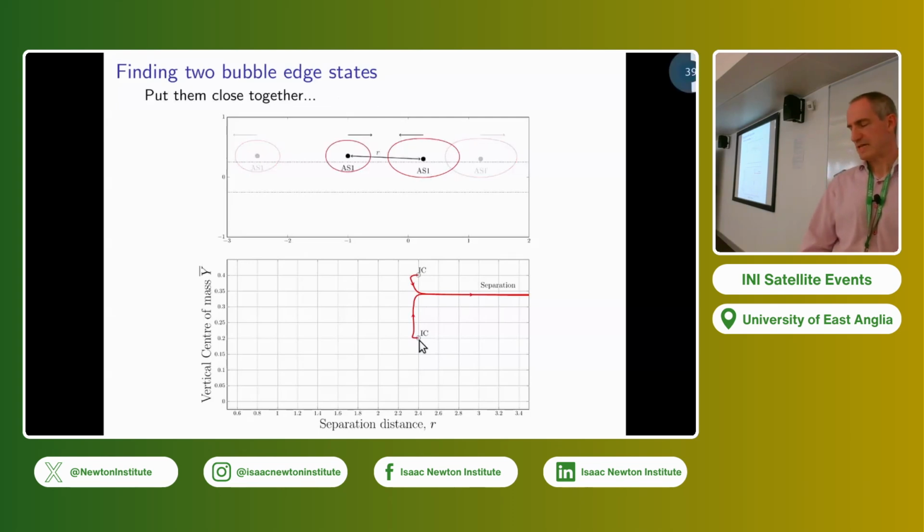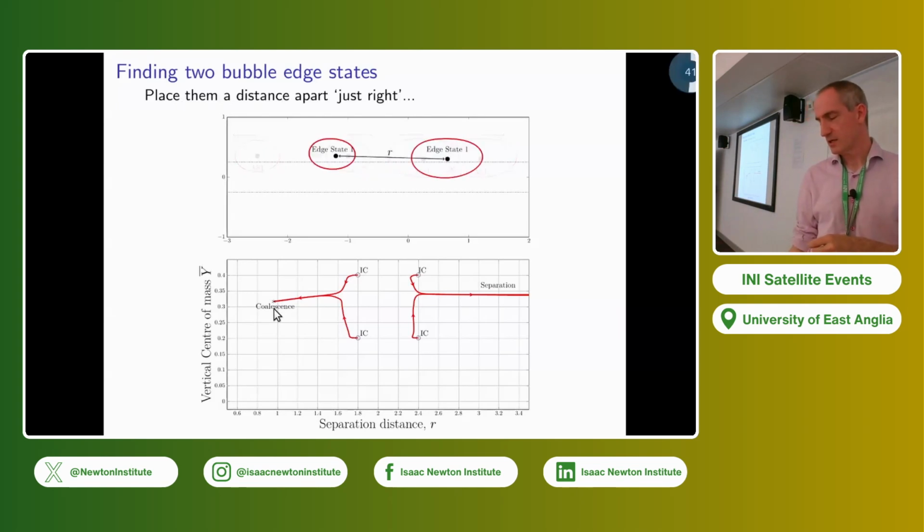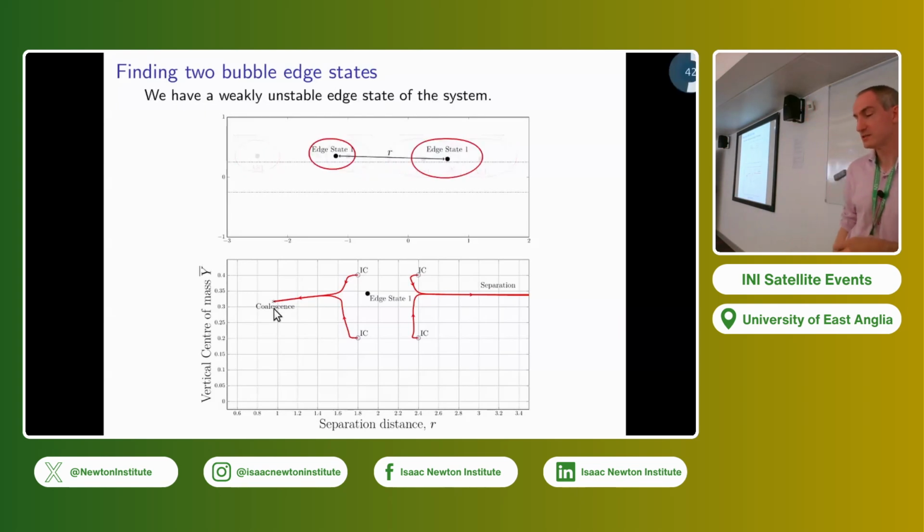If you put two bubbles closer together, they will coalesce, aggregate. And we use essentially a technique known as edge tracking, it's bisection, choosing a suitably sensible direction in which to bisect, and we find that there is an unstable, steadily propagating two-bubble state that divides these two situations.